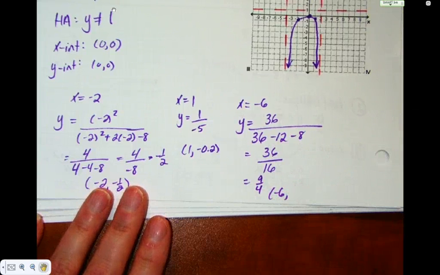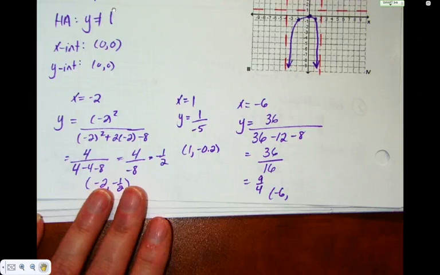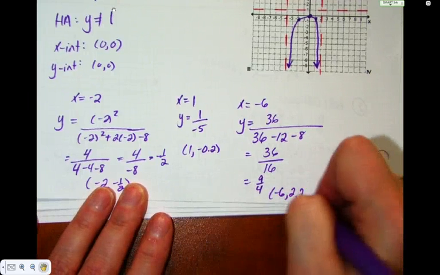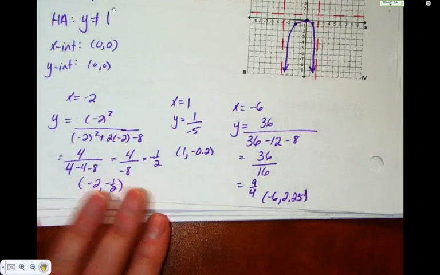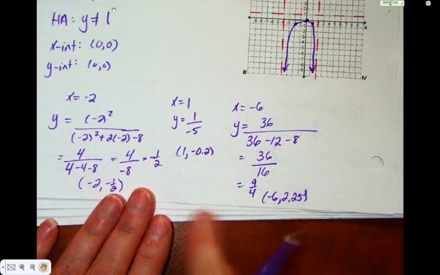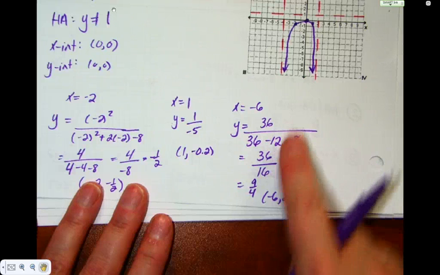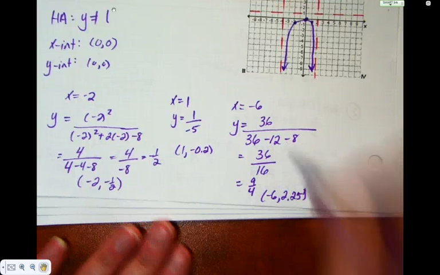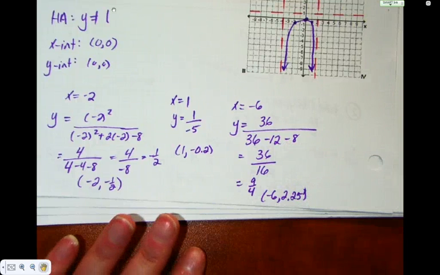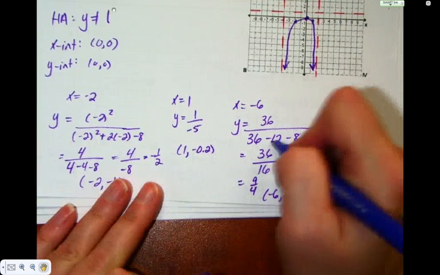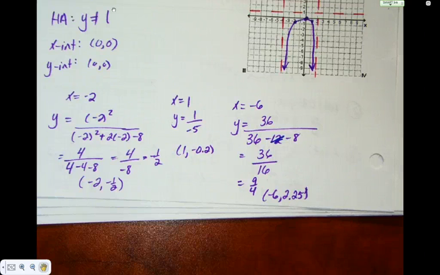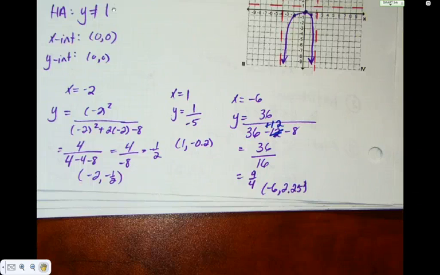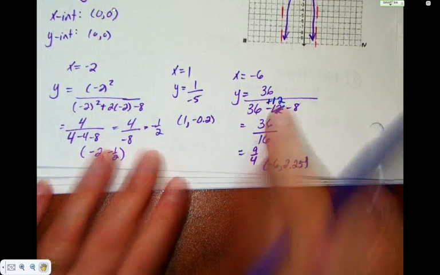Where the heck is 9 over 4? Ah! So we want to correct this. Plus 12? Okay, so there's a correction.